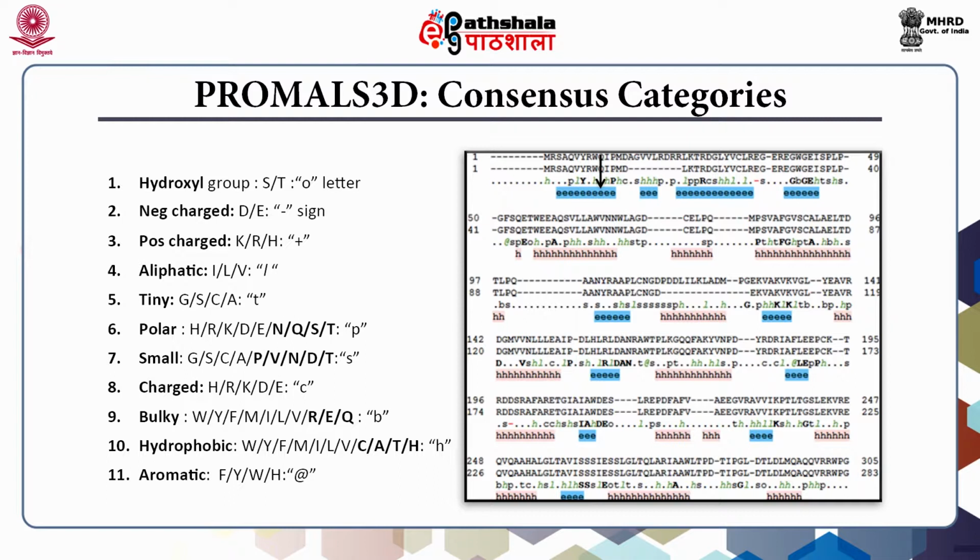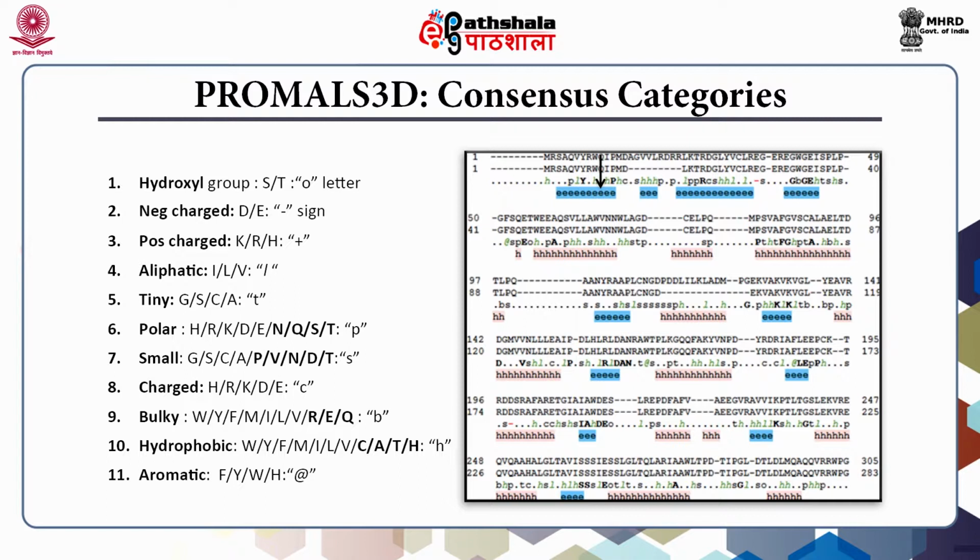Sometimes more liberal mutations are allowed at particular positions. For example, any one of the 9 polar amino acids, that is aspartate, glutamate, histidine, lysine, asparagine, glutamine, arginine, serine, threonine, present in an aligned column is indicated with the lowercase p for the polar residues.